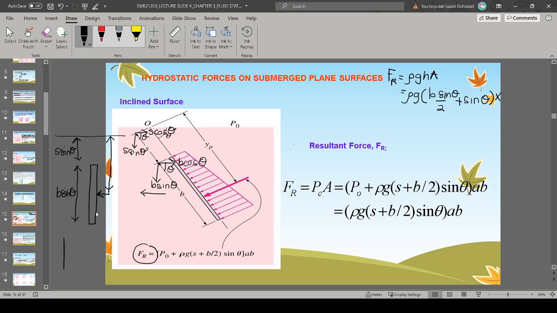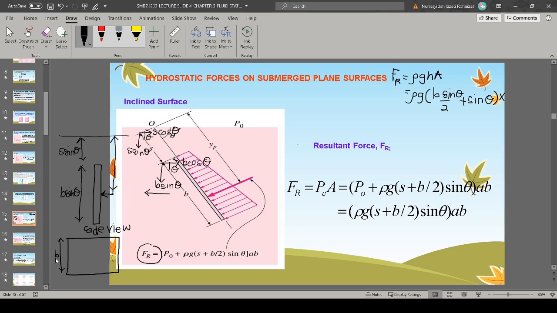If we draw this, let's say this is the side view, our front view will look something like this. So this is our height, which is b, and this is our width, which will be a.